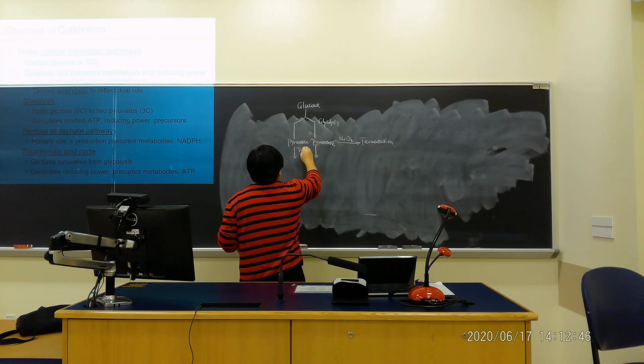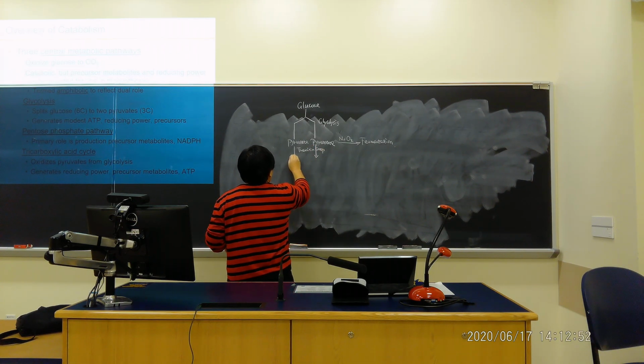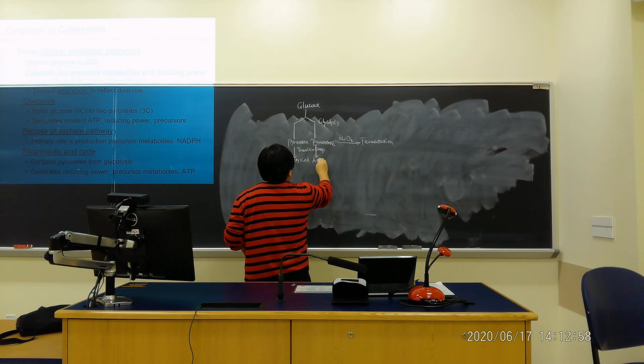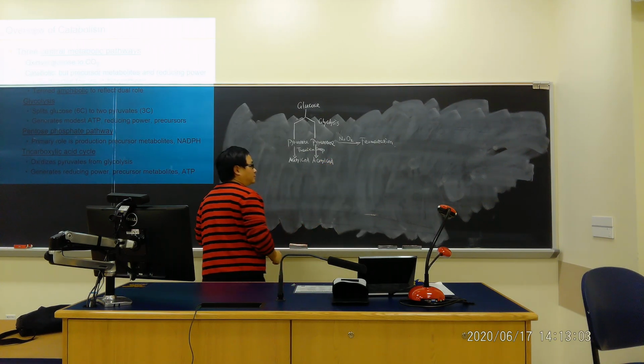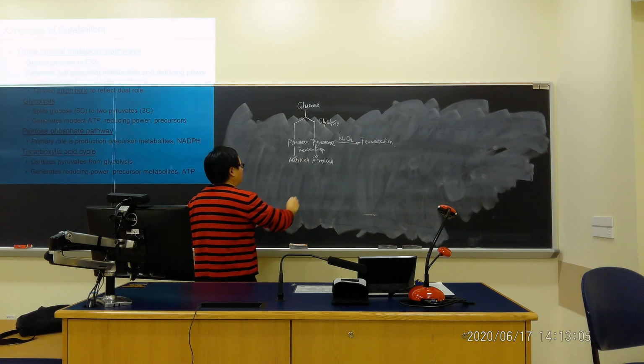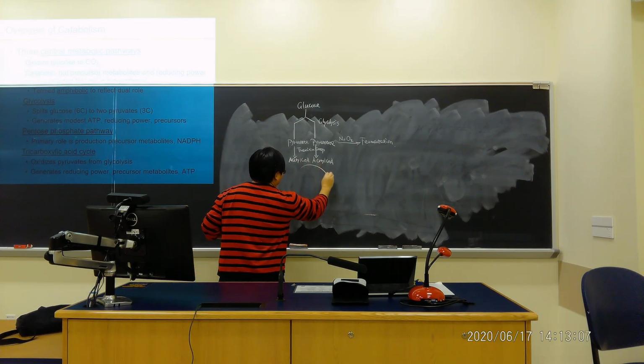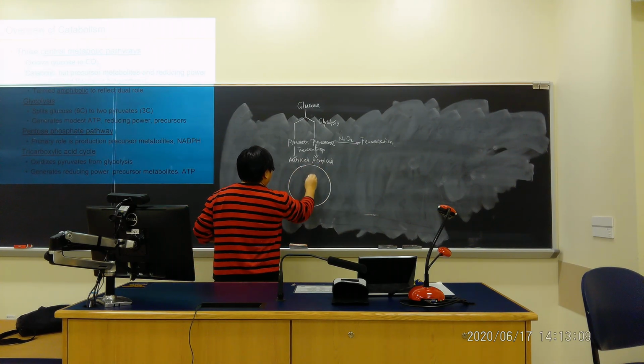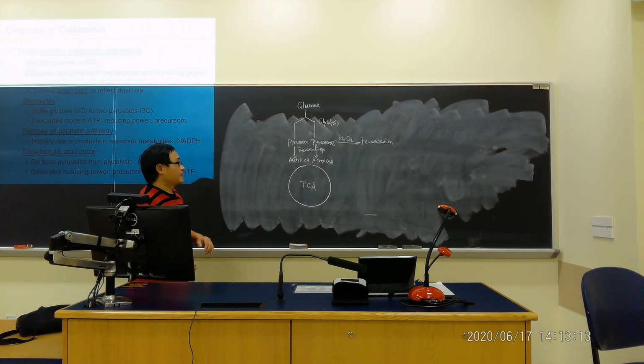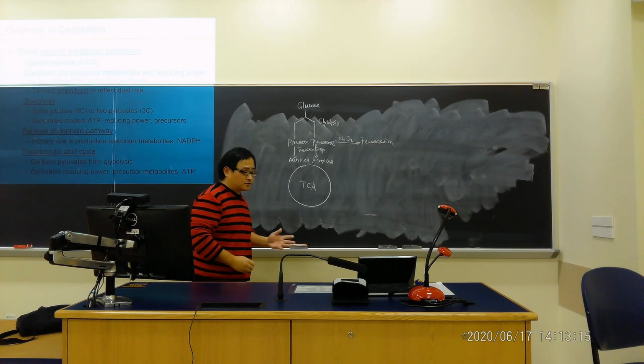this, which is called the transition step. They will generate acetyl-CoA. And this acetyl-CoA will go through what is called the TCA cycle. Okay? Now, we missed one thing here.